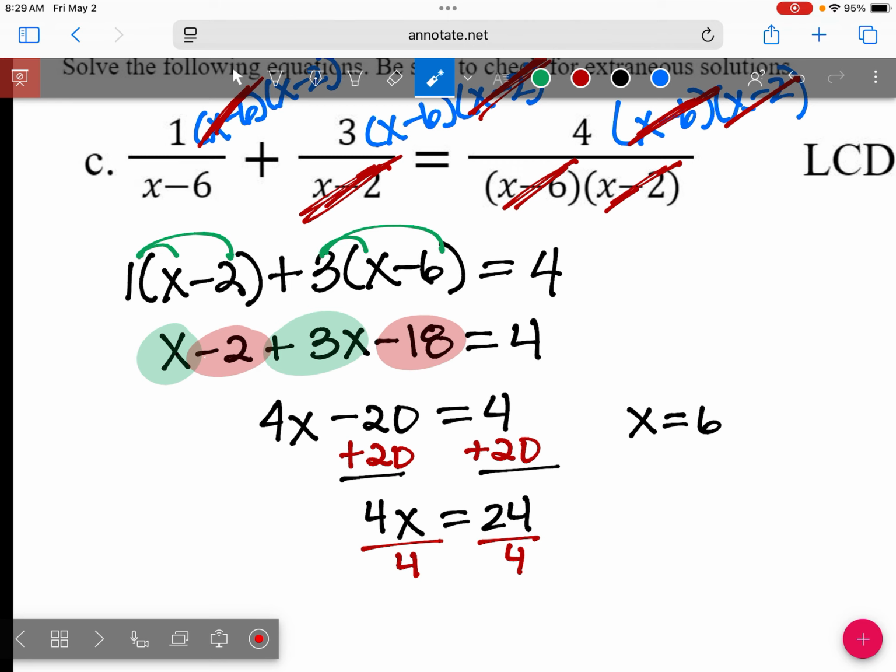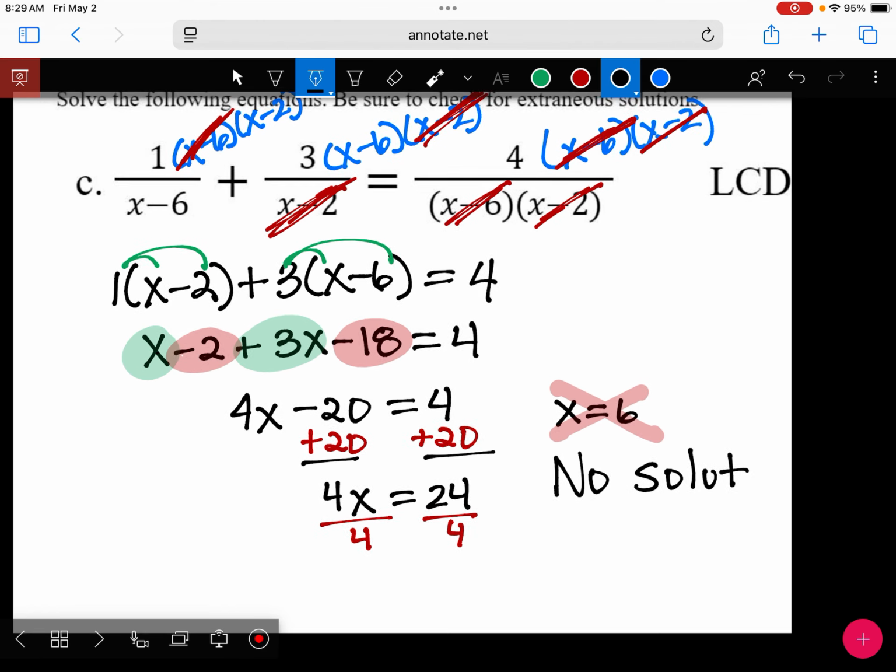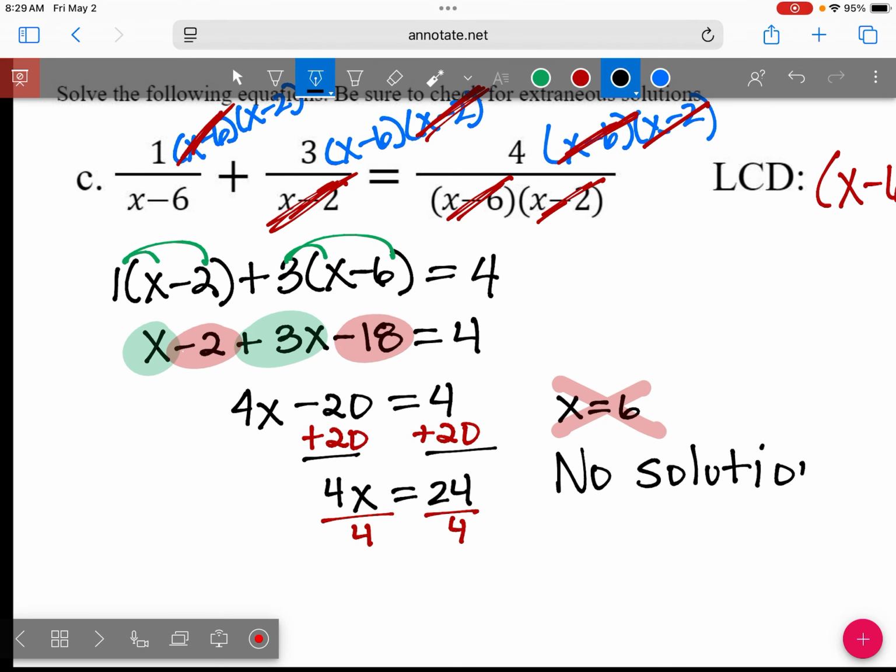So what that means is that this is not going to work. So because that doesn't work, this one actually has no solution. The one answer I found doesn't work. And we're not graphing any complicated rationals, but what that would mean is that that's where the asymptote is. So that's why it doesn't work.